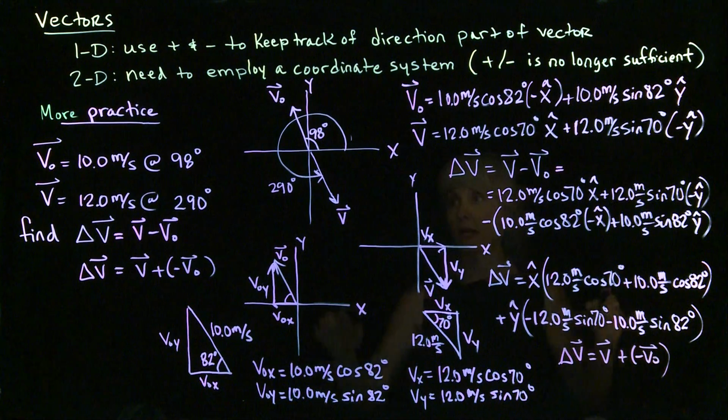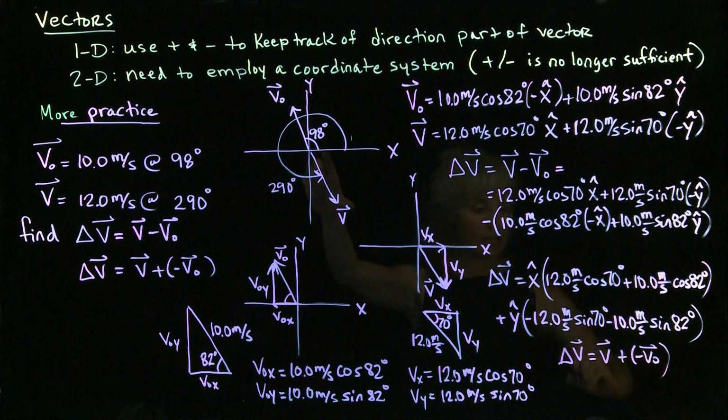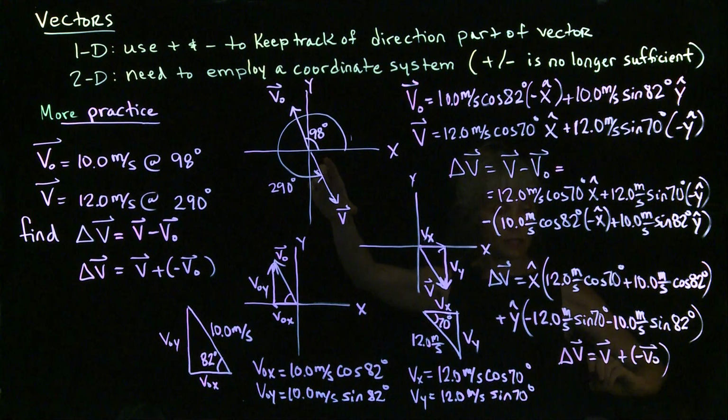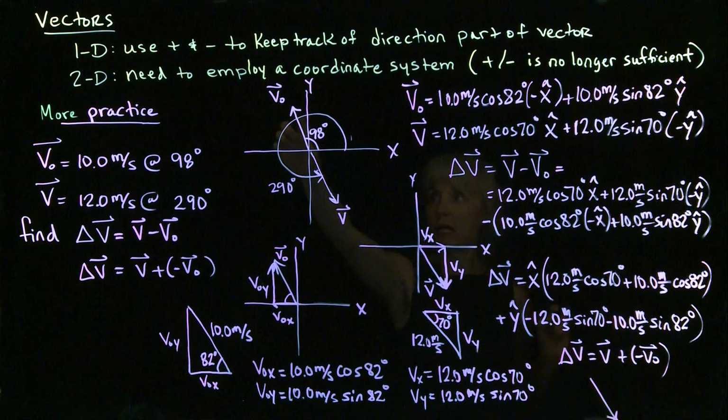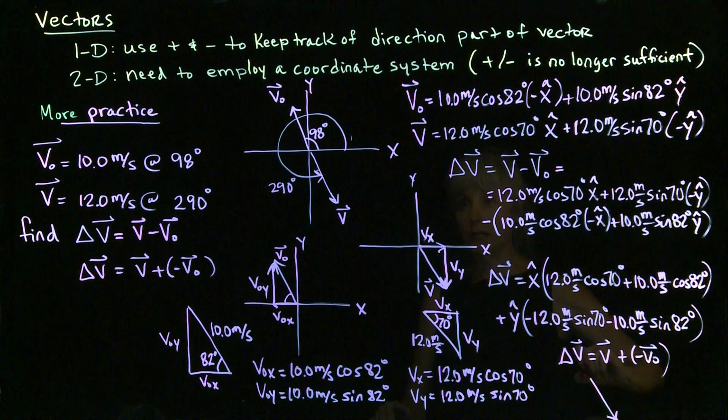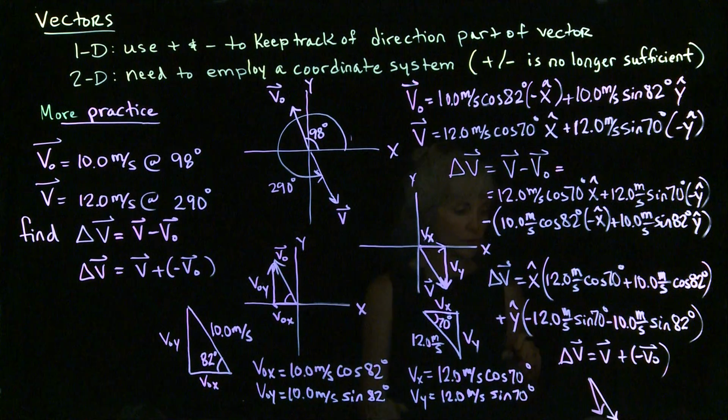So if I represent that graphically, I take vector V and I draw vector V here. And then I take a minus V naught, so remember that I have to flip the arrow around and I can place them tail to tail, so minus V naught is going to be like this. Okay, so again, the arrow goes on the other side.